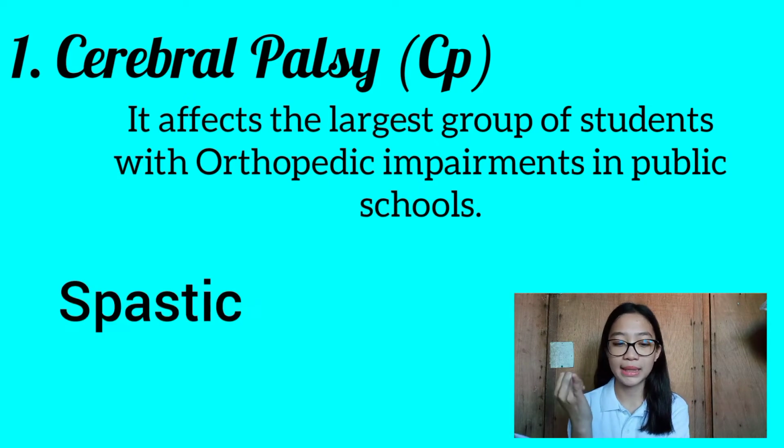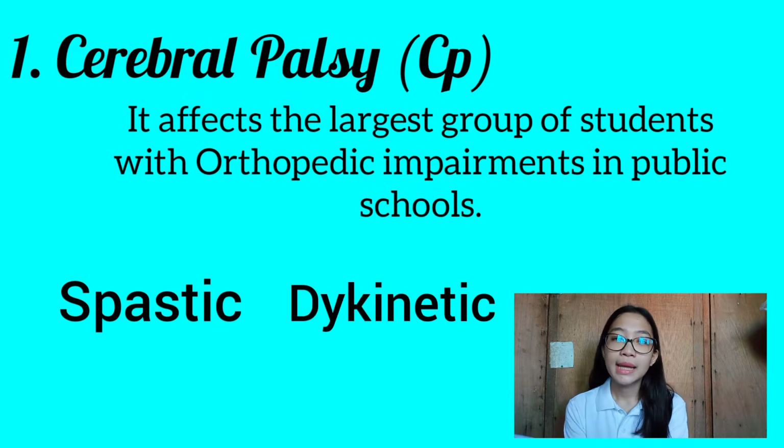First is the spastic. This is the most common form of CP, when there is too much muscle tone or tightness. An individual with spastic CP generally has stiff or jerky movements in one's legs, arms, and back. Second is the dyskinetic.